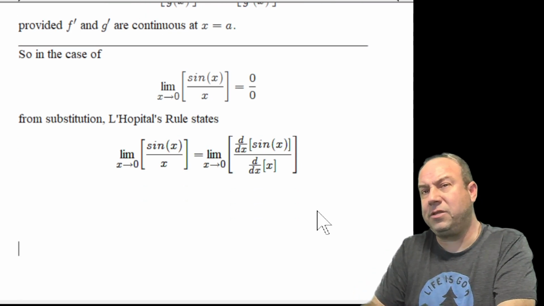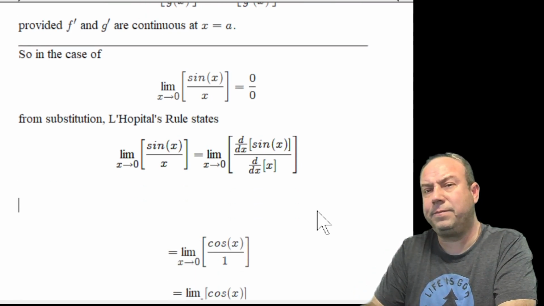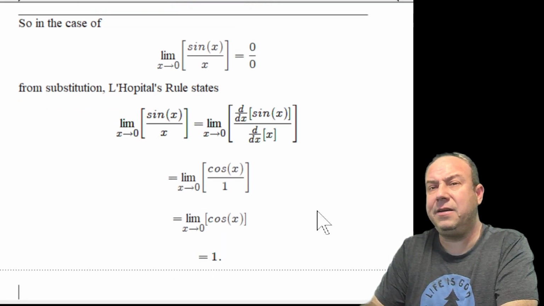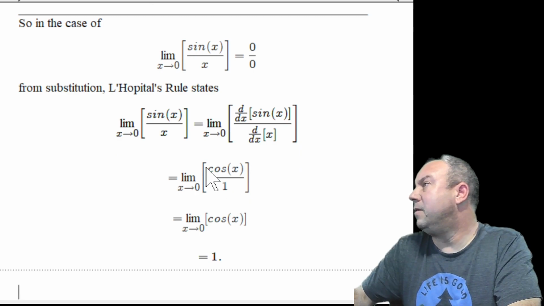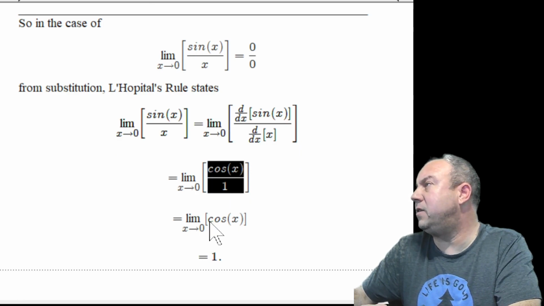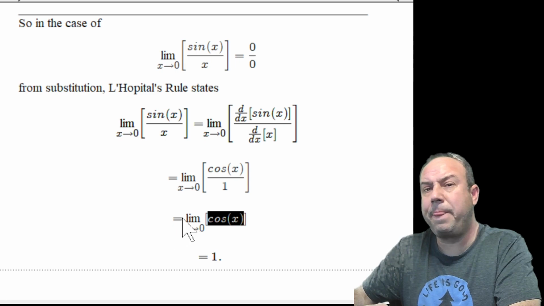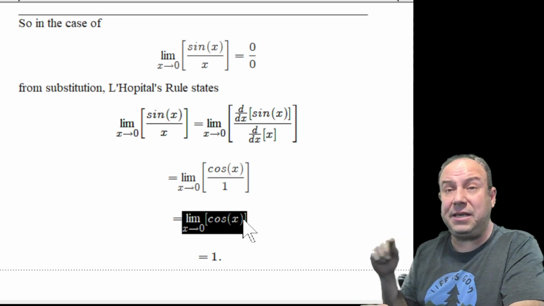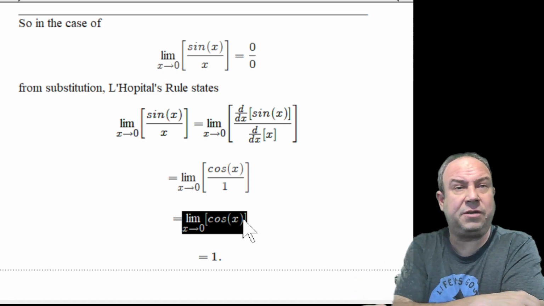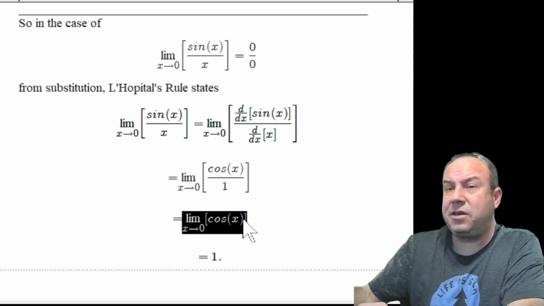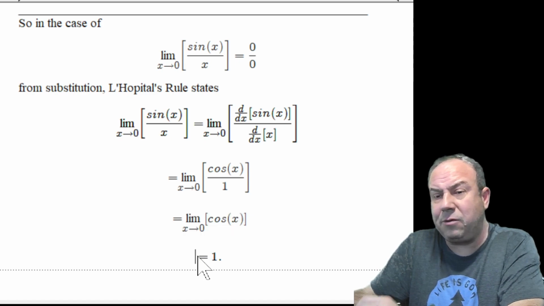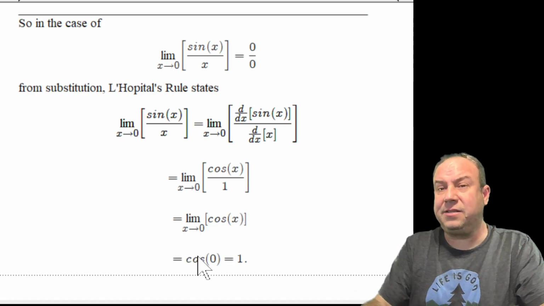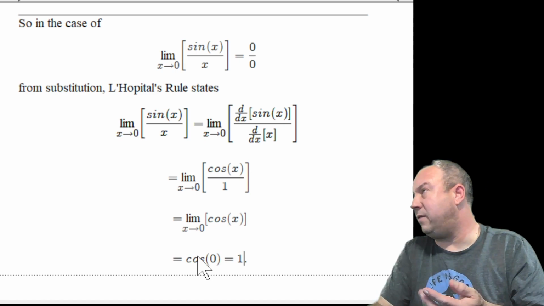And if we bring that result into view here, we will note that it does simplify from the cosine of x over 1 into simply the cosine of x, where the limit as x approaches 0 for the cosine of x can be evaluated through substitution. When we plug in 0 into the cosine of x, this does end up equaling the cosine of 0, which is equivalent to 1 in value.